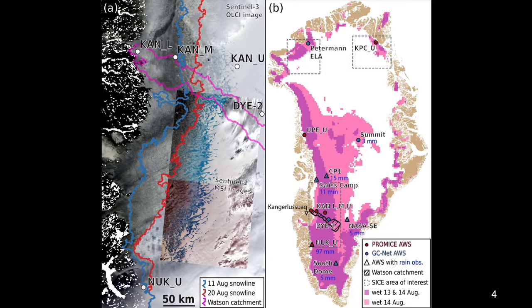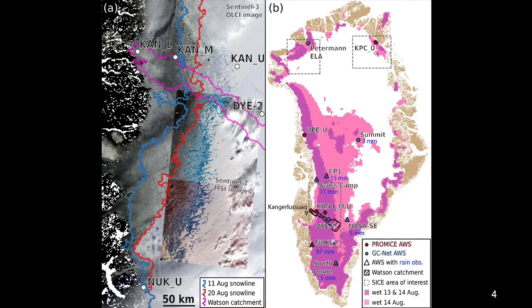We independently gauged the melt impacts using runoff at a river at the bottom side of this catchment here. Weather stations CAN, L, M, and U. DI2 is even higher. And Nuuk U down here.